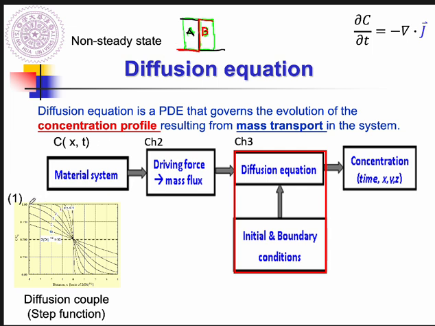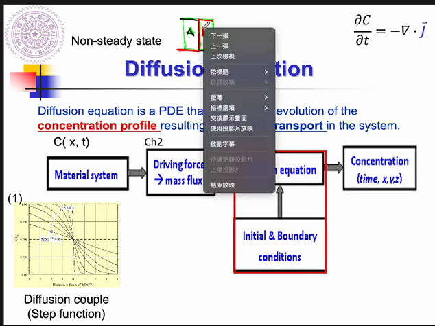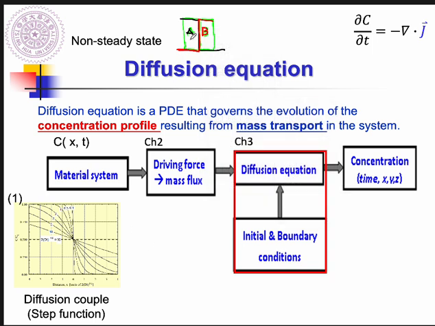So in the beginning, it goes like this. Then the concentration will decrease. If you take a look at this specific location, the concentration decreases over time. And here the concentration increases over time. So this is for material A. Okay. So this is what we call a diffusion couple.